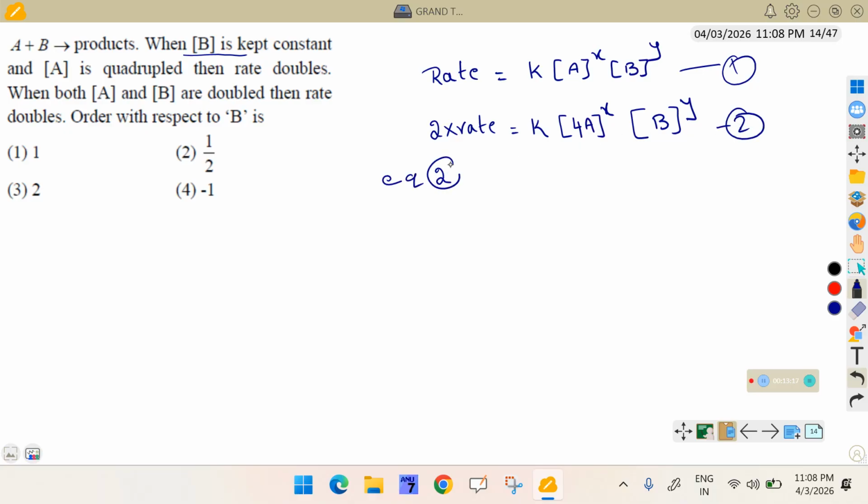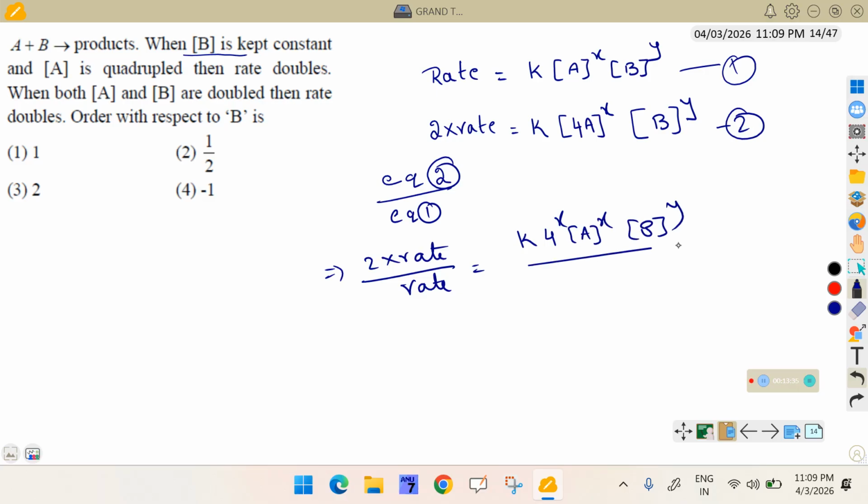Now equation 2 by equation 1. 2 into rate by rate is equal to K into 4 power X A power X into B power Y by K into A power X B power Y. B power Y cancels, A power X cancels, K cancels, rate cancels. 2 is equal to 4 power X. Then the X value is equal to 1 by 2.